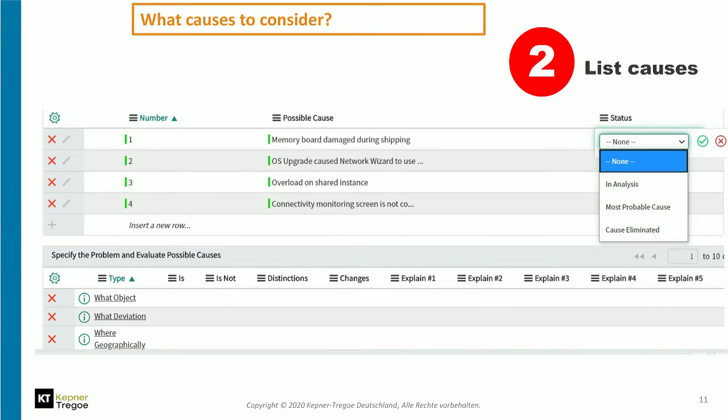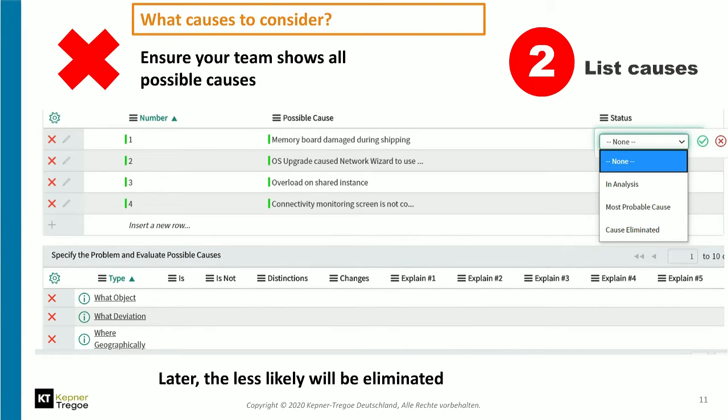Before we come to looking at the likelihood of the causes, we first want to gather some key facts to increase our understanding of the issue. There is a certain way of how we do this in the app and at KT.